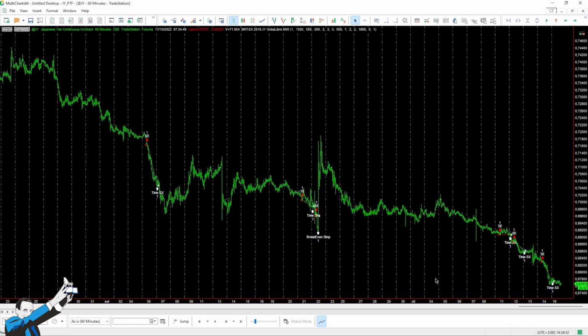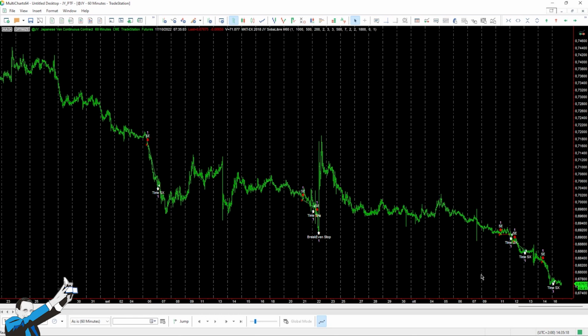So this strategy will trade both long and short. Also, in order to avoid buying and selling against the trend, we added a trend direction filter calculated using a moving average. If at any time the price is below this moving average, which is calculated using 200 periods, and we're on a 60-minute time frame, so 200 hours, then we will only open short positions.